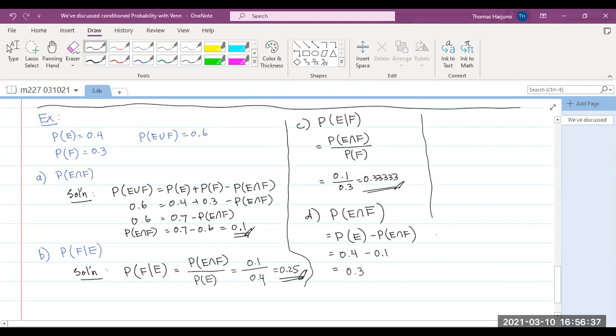Now part E, how about probability of not E but F? We take the probability of F first, minus probability of the intersection. That's 0.3 minus 0.1, that's 0.2.